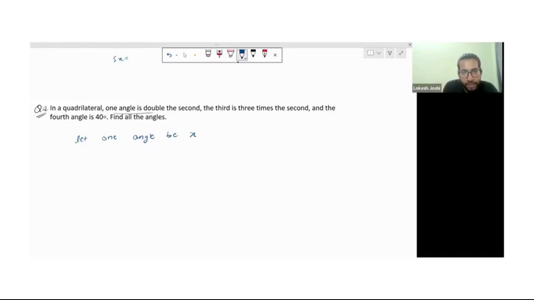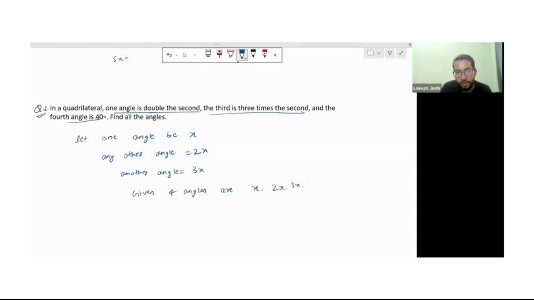Then it's given that one angle is double the second and the third is 3 times the second, so another angle will be 2 times x, and the third will be 3x, and it's given in the question that the fourth angle is 40 degrees. So the four angles are x, 2x, 3x and 40.